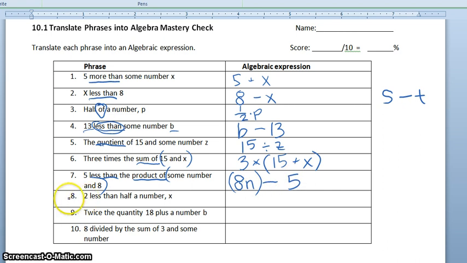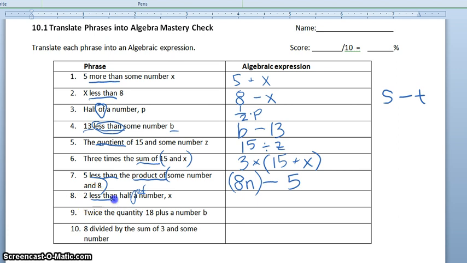Number 8, 2 less than half a number x. Okay, so half a number, this is actually hard because it's an implied keyword, half of a number. It's not written in there, but it could fit in there. So that's going to tell you that the keyword is of for half of a number x. So we're going to take 1/2 times x, just like we did up here, and then 2 less than that.